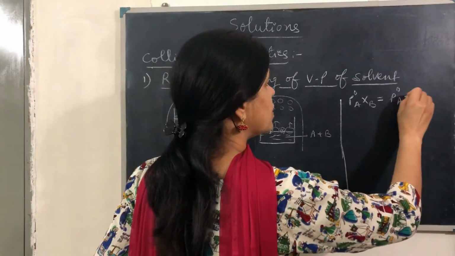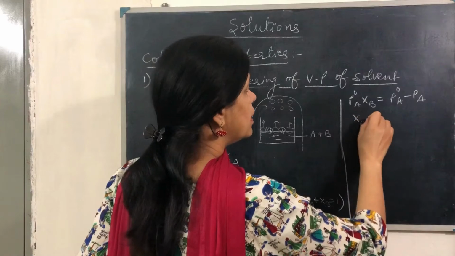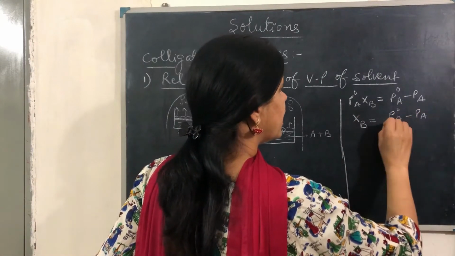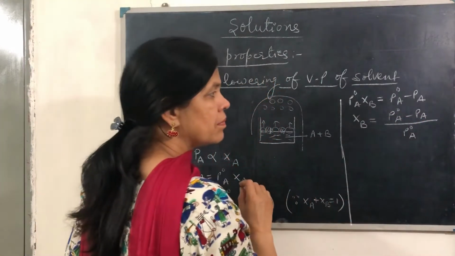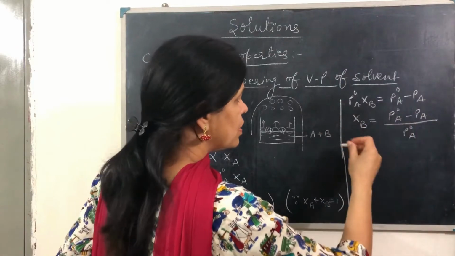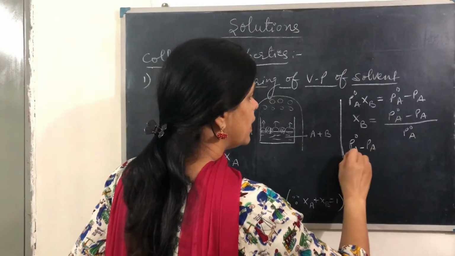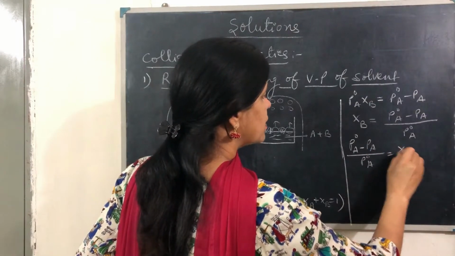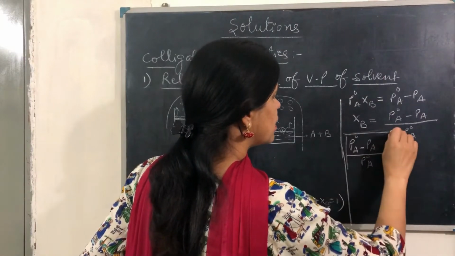So XB is equal to P naught A minus PA upon P naught A. Just reversing the two sides, I can write P naught A minus PA upon P naught A is equal to XB. See, what is this?